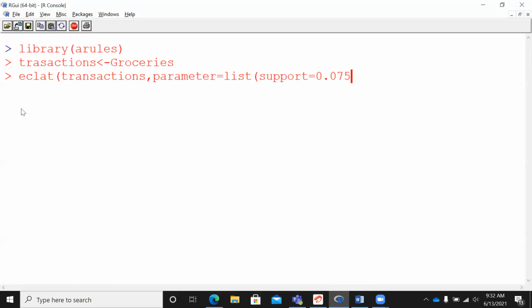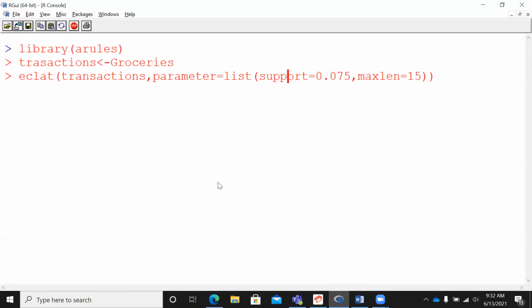I'm specifying 0.075 as the support. Next, I will also be specifying the max length as 15. So I'll be looking at a minimum support of 0.075 and a maximum length of 15.